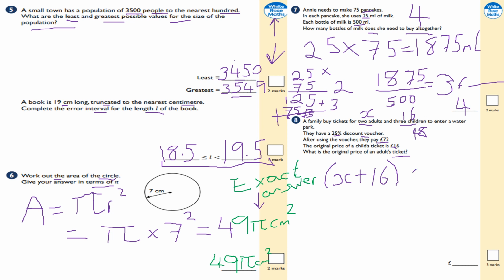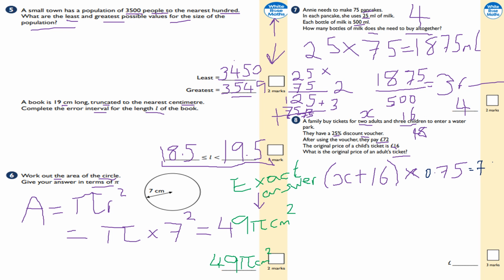So I'm going to multiply this by 0.75, because I've taken off 25%, and 25% as a decimal is 0.25. So they're actually paying for 75% of the total amount. Hopefully it makes sense there. After this reduction, they get an answer of £72.